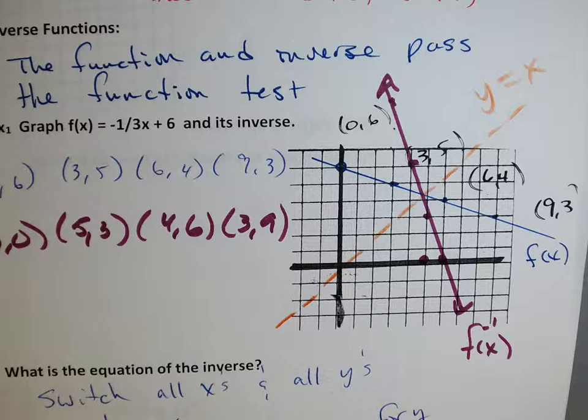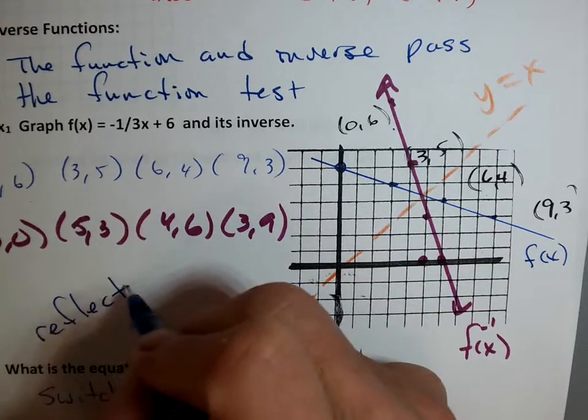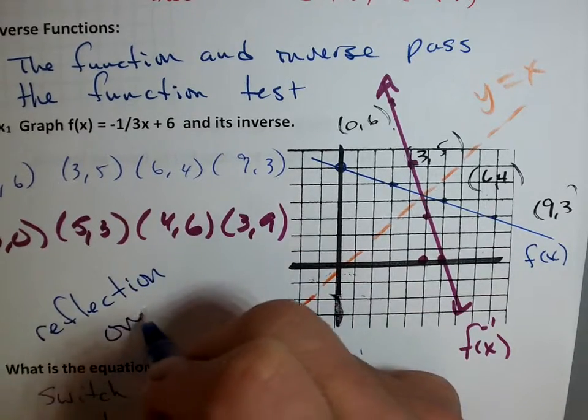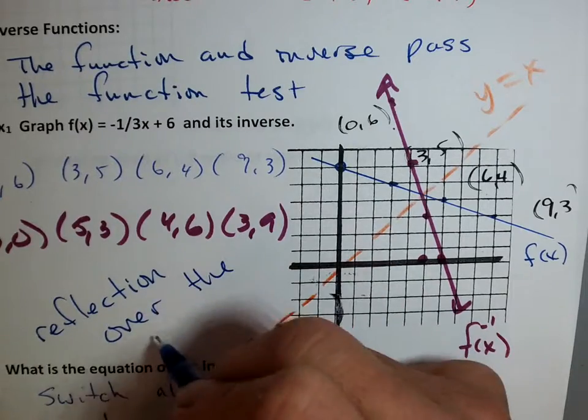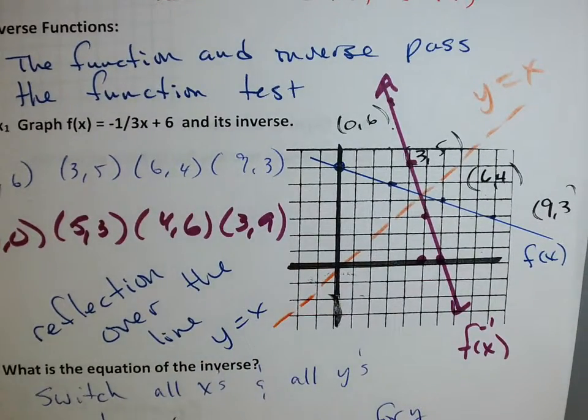Can you see how it would flip over here? So they're a reflection onto each other over the line y equals x. Awesome. Guys, ready to turn the page?